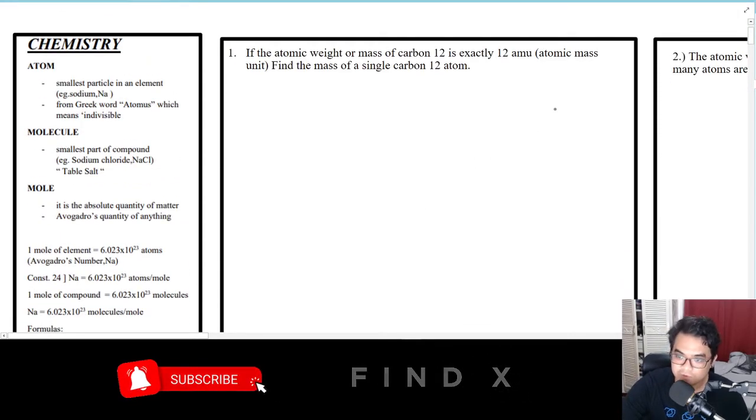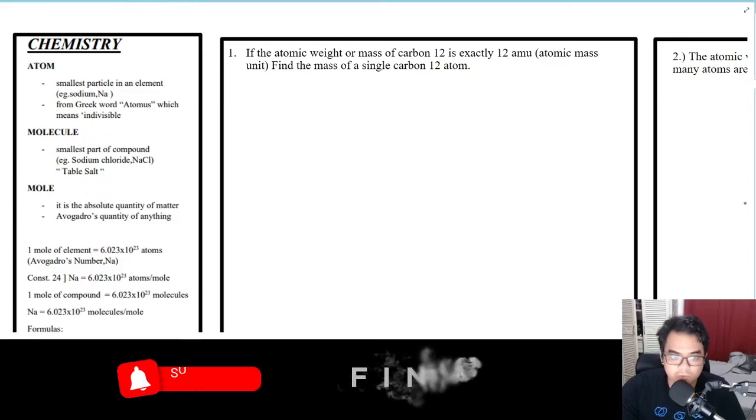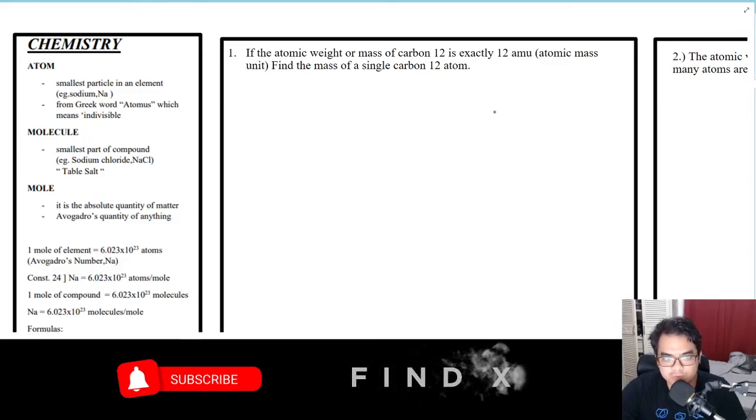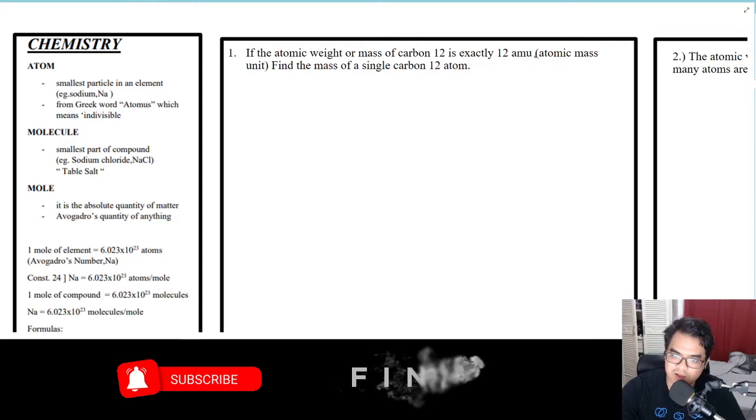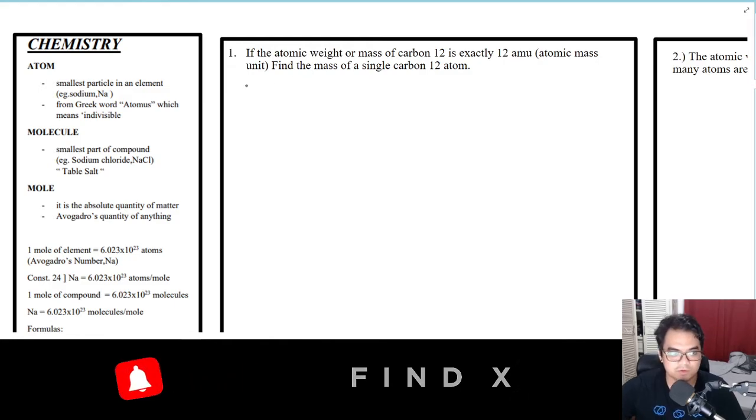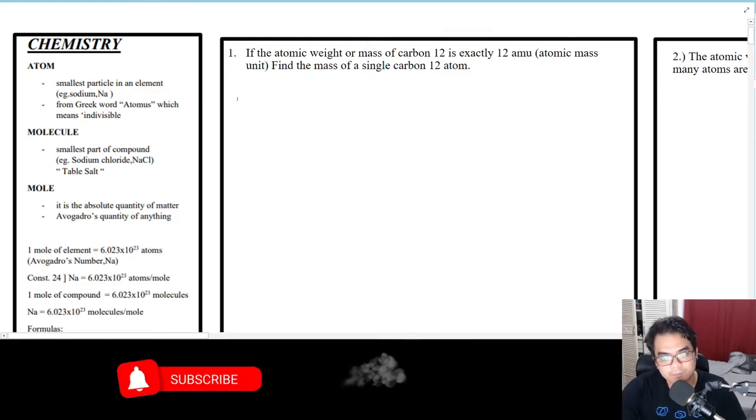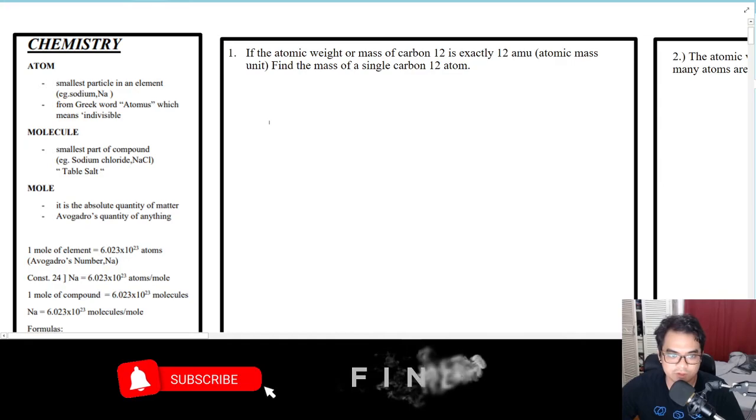Our first problem is: if the atomic weight or mass of carbon 12 is exactly 12 AMU, or atomic mass unit, find the mass of a single carbon 12 atom. So let's put down all the givens.